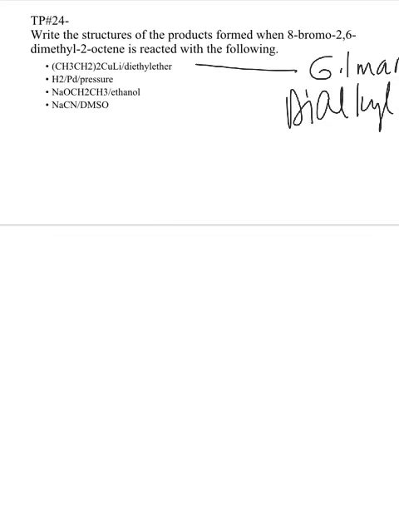And let's go ahead and draw our substrate. So what's our substrate? Octene. So I'm going to draw 8. 1, 2, 3, 4, 5, 6, 7, 8. Okay, so there we have our 8.